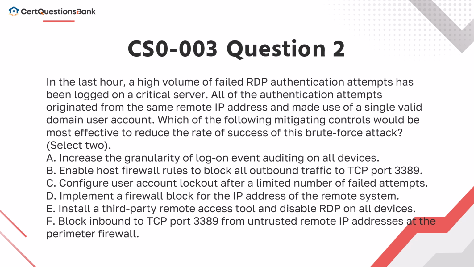D. Implement a firewall block for the IP address of the remote system. E. Install a third-party remote access tool and disable RDP on all devices. F. Block inbound to TCP port 3389 from untrusted remote IP addresses at the perimeter firewall.